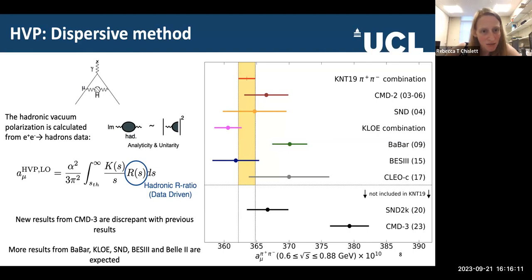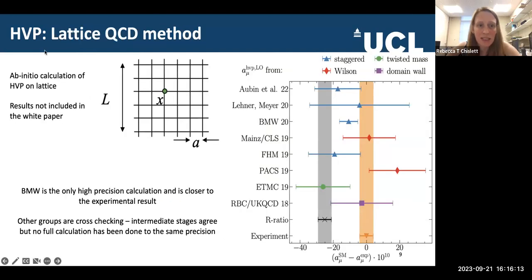In addition, there is also lattice QCD, which is becoming much more precise now. At the time that the white paper was published, the lattice QCD results had much higher uncertainty than the dispersive approach. But just before we released the first result, the BMW collaboration published a lattice QCD prediction at much higher precision.